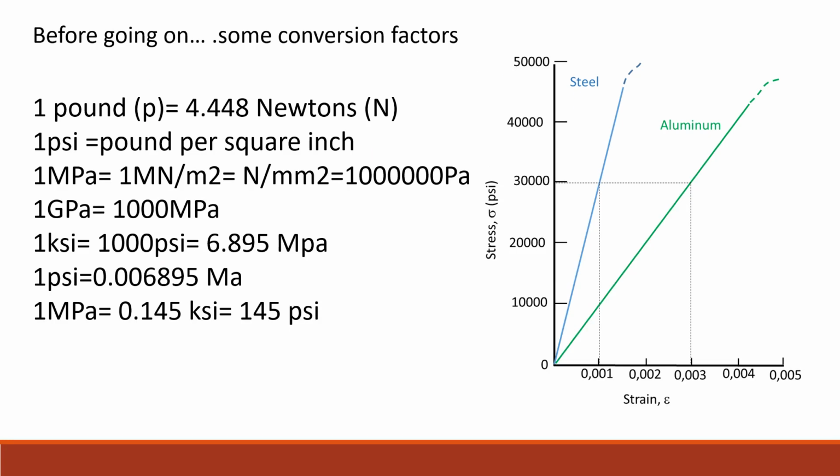That means you are going to work with pounds per square inch, instead of megapascals or gigapascals. It's important to have at least a conversion table at hand, just to transform from pascals or newtons or pounds or whatever. Okay.